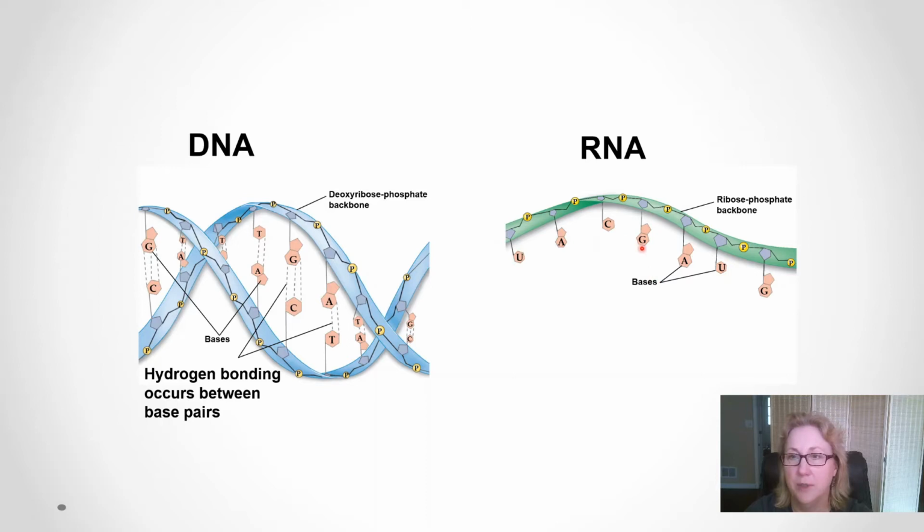C can bind with G and A can bind with U, just like it could if it was a double strand. The RNA is much more flexible and tends to fold up in 3-dimensional shapes. So despite the fact that there's very little difference between the 2, just 1 oxygen different in the sugar and 1 different base, U instead of T, they have completely different functions in the cell.